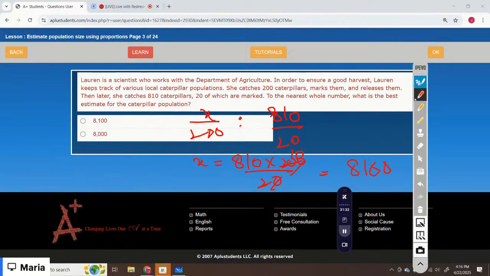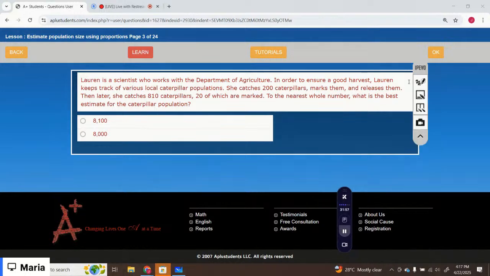So that means the population is 8,100 when 20 are marked. Option number one is the correct option, that is 8,100.